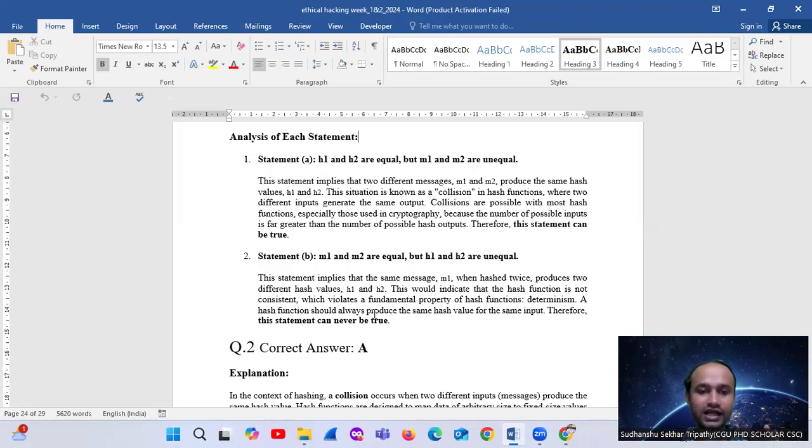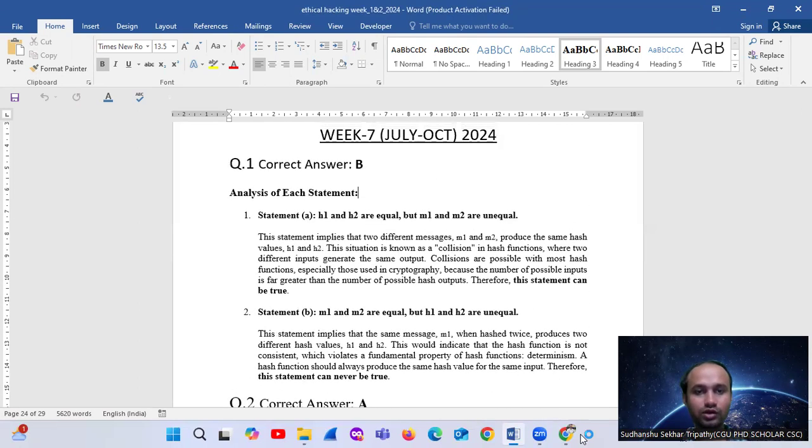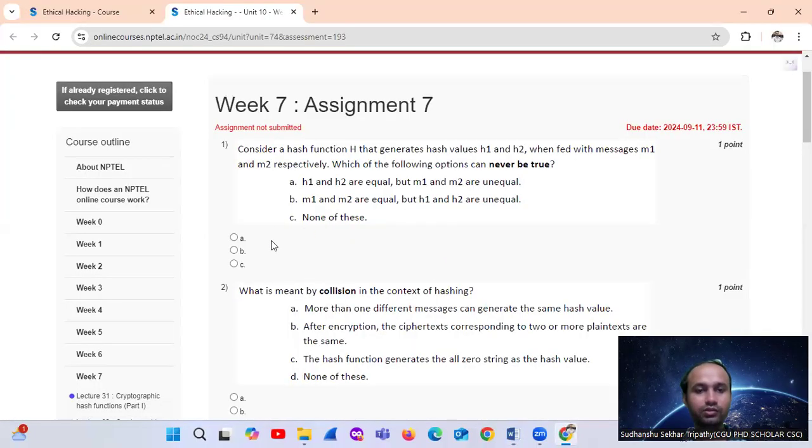Okay, a hash function should always produce the same hash value for the same input. Therefore, this statement can never be true. Okay, so this statement is false. Okay, so option number B. Option number B can never be true.